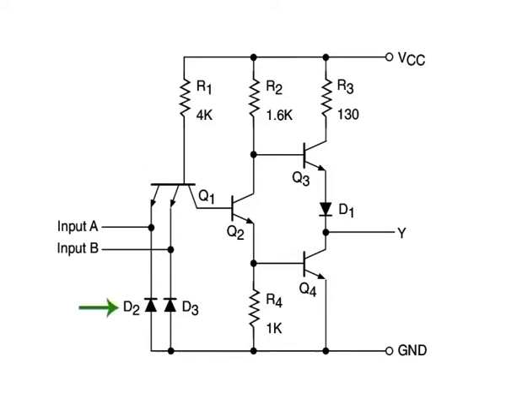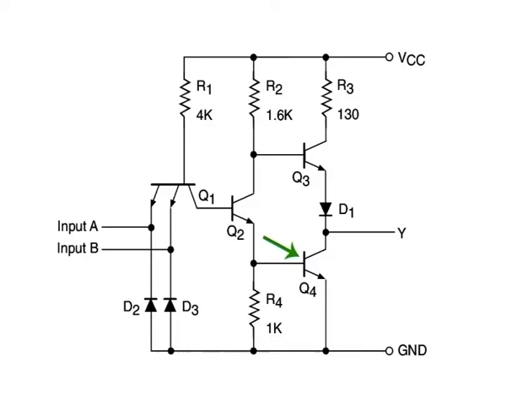Diodes D2 and D3 are used to limit negative input voltages. When both the inputs are in the logic high state as specified by the TTL family, the current flows through the base-collector PN junction diode of transistor Q1 into the base of transistor Q2. Transistor Q2 is turned on to saturation with the result that transistor Q3 is switched off and transistor Q4 is switched on.